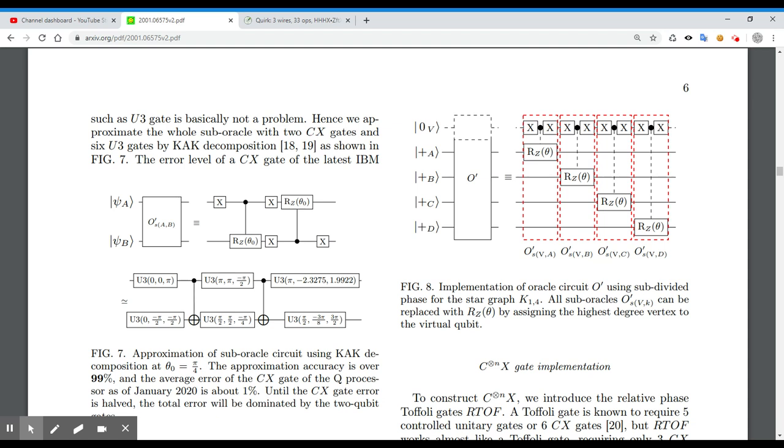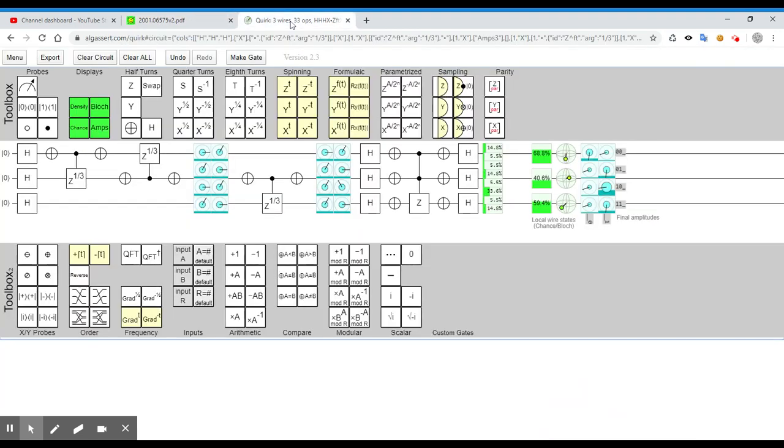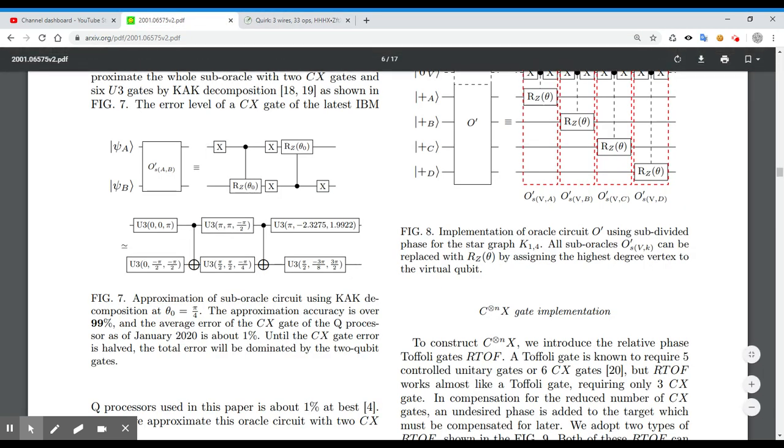So what is the U3? This is something that I can't do here, but I need to take a look at the IBM Q experience, because the U3, I think, is just a parametrized rotation through the different angles.